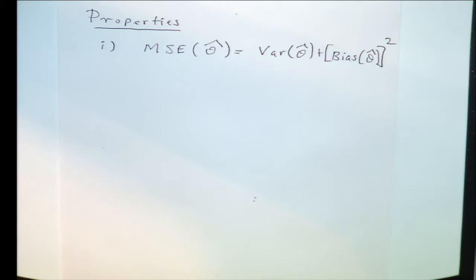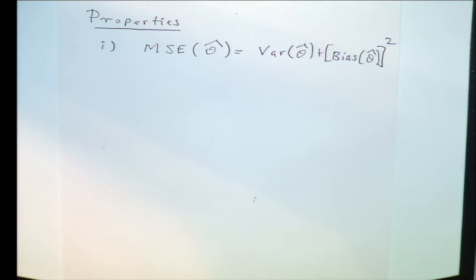You might have seen this. Had you seen this property before in your previous courses? Yes? No? You haven't? This is an important property which says that the MSE of an estimator can be written as the sum of the variance and the square of the bias. Now, I'm going to show you how to prove this in a minute.